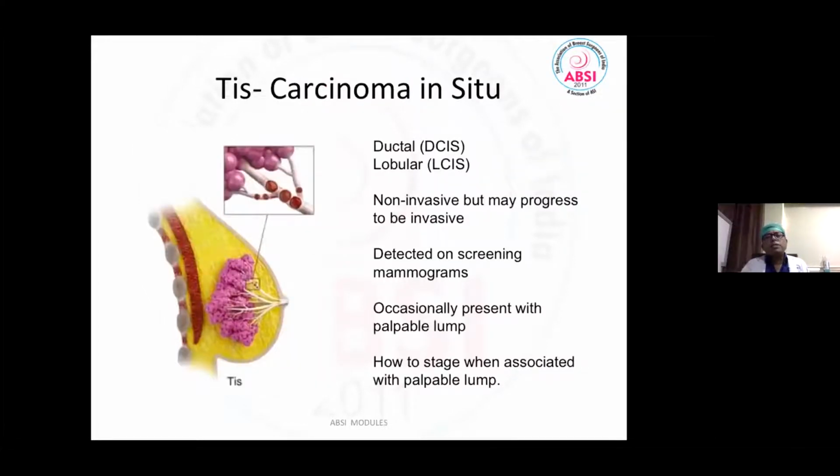Well, this is a topic which comprises two lectures. One is the TNM staging and the other one is LABC. Now, TNM, most of you know, and many of you would be able to go into your phone right now and understand what it is.